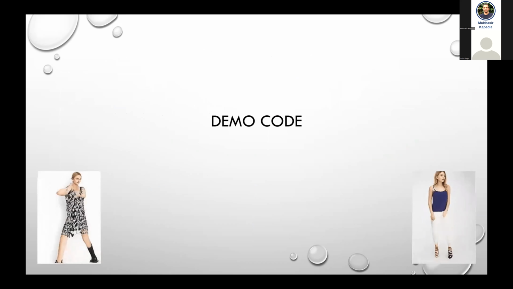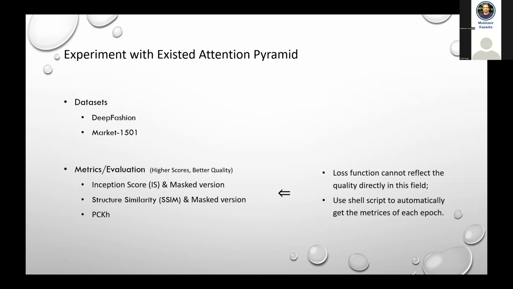And since time is limited, I will share the demo code later. Our experiment was carried out on 2 datasets, but our test is based on Market first, since Market is much smaller than DeepFashion. DeepFashion tends to take about 3 days to train and test.